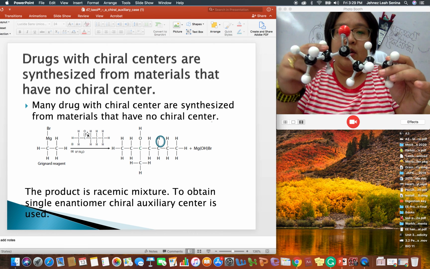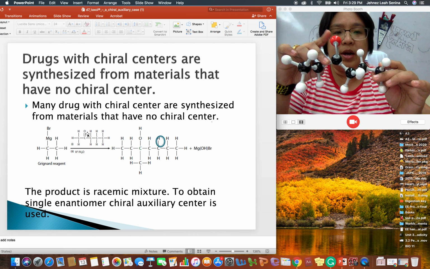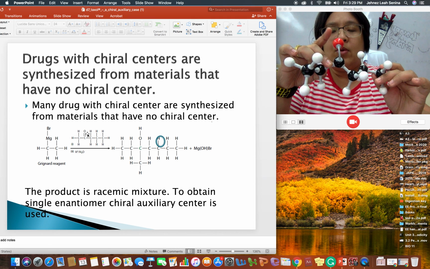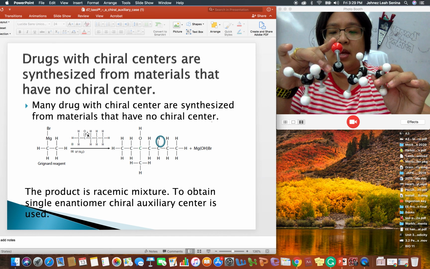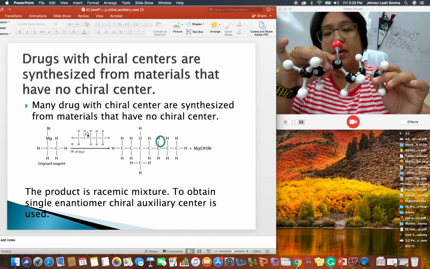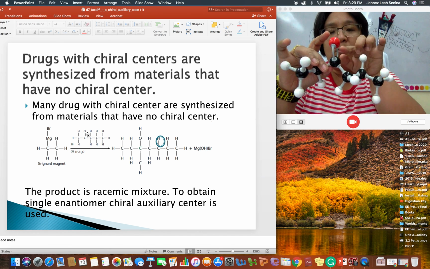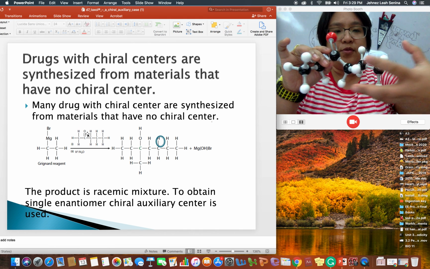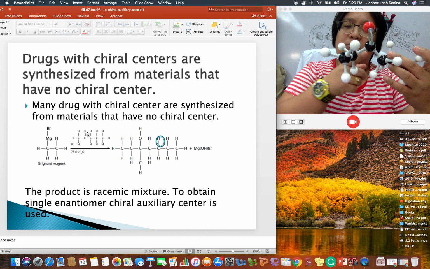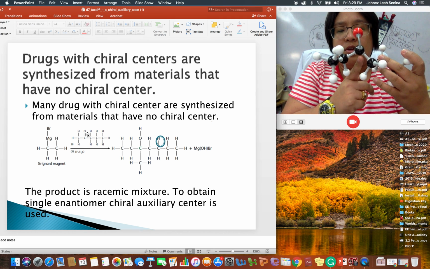So this molecule right here is this, right? You have your carbon double bond right here. Now, we can add another group on this side to make this a chiral carbon. If we add one more group that is different from this group, different from this group, and different from this group, this will now be a chiral center.